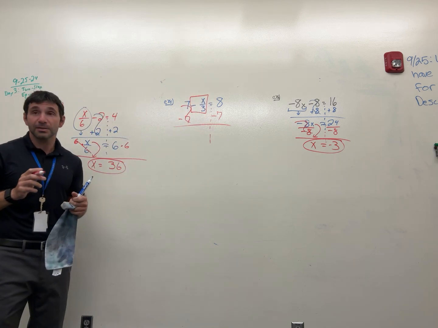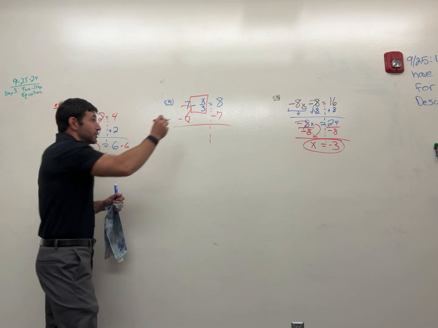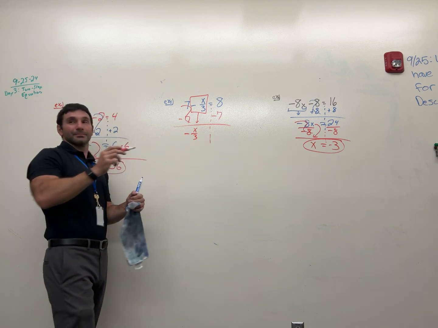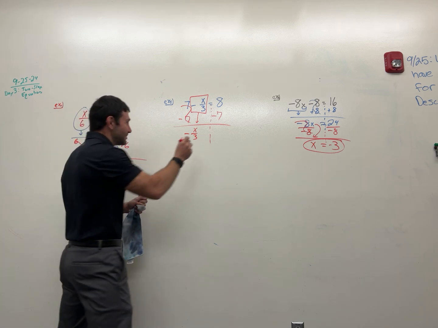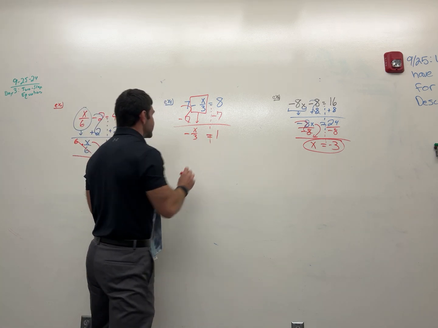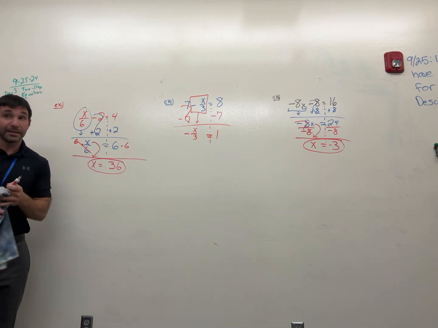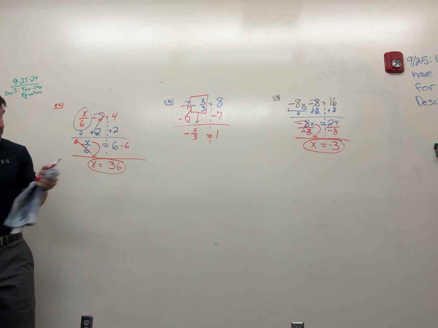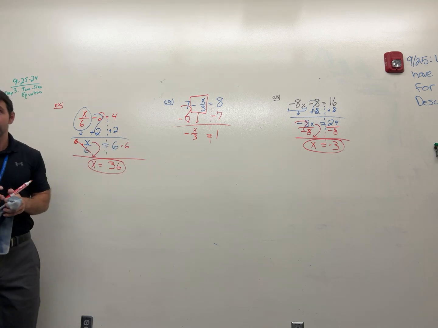Notice what I put in the box. Yeah, we have to include that sign. It comes down. I thought it was 7 minus, not negative. But that minus turns into a negative when it's by itself. So now I have a negative x divided by 3.